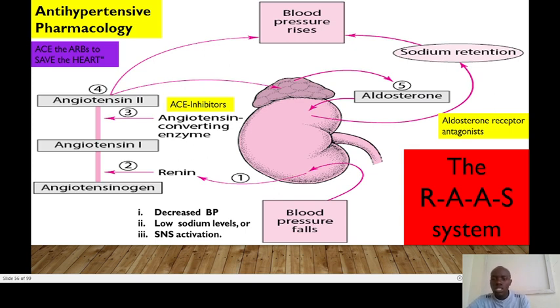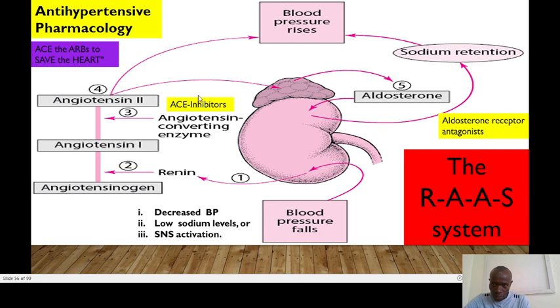Pharmacologically, we could have target points at renin, angiotensin 1, and angiotensin 2. Angiotensin 1 is converted to angiotensin 2 by angiotensin converting enzyme, which is primarily produced by the lungs, but in certain pathologies it could also be produced in ectopic sites like tumors.